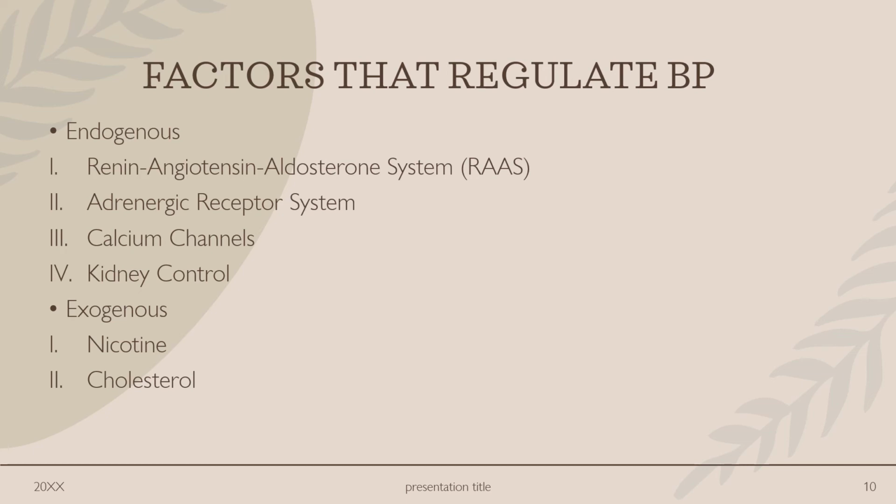LDL is also known as bad cholesterol. In fact, it refers to proteins specifically called lipoprotein that surround a cholesterol molecule. So when LDL associates to a cholesterol molecule, it is then called LDLC.